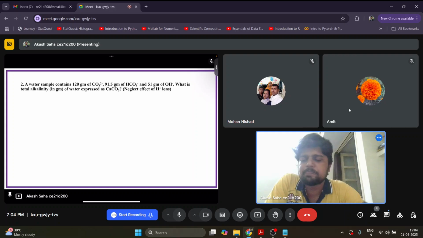Okay, next problem. A water sample contains 120 gram of carbonate, 91.5 gram of bicarbonate, and 51 gram of hydroxyl ions. What is the total alkalinity of the water expressed as CaCO3? Okay, and you have to neglect the effect of H+ ions, right?